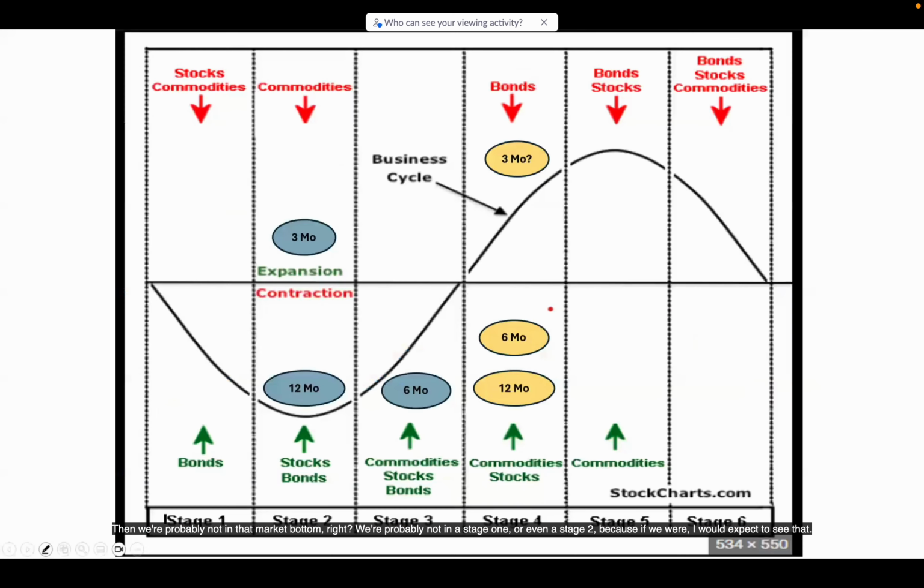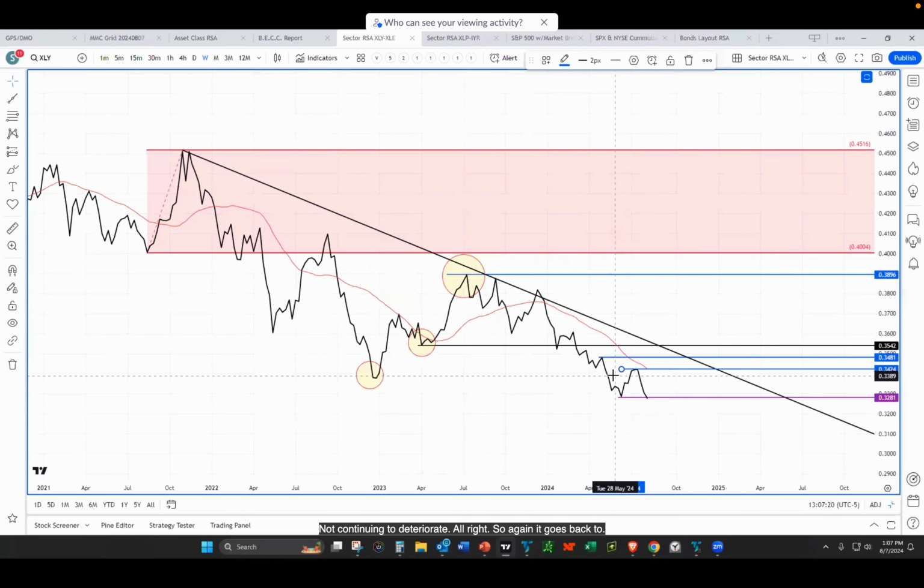We're probably not in a stage 1 or even a stage 2, because if we were, I would expect to see consumer discretionary actually improving, not continuing to deteriorate. All right. So again, it goes back to understanding not just where you are, but where you're not, to kind of figure out where you are, if you will.